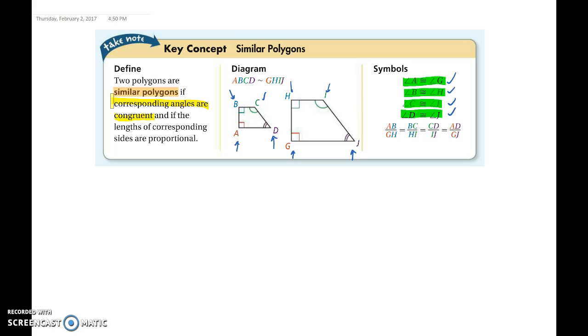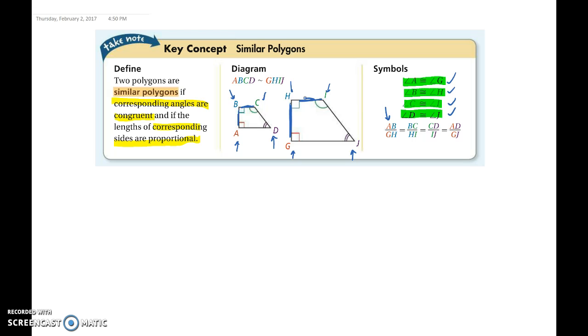Now, what does change is that the corresponding sides are proportional. So that means that the ratios between the corresponding sides are the same. If you notice here, they don't say that AB is equal to GH. It says the ratio of AB over GH, because they are corresponding sides. So that ratio is the same ratio as BC over HI. So the ratios between the sides are going to be the same.